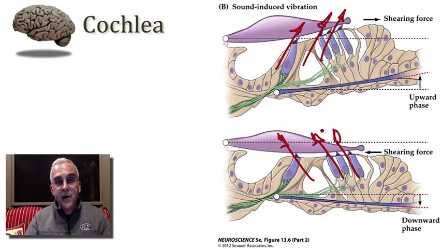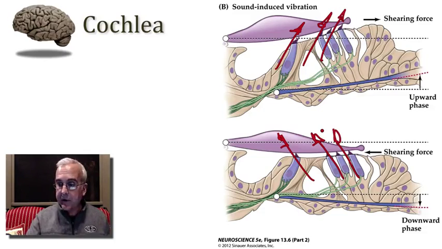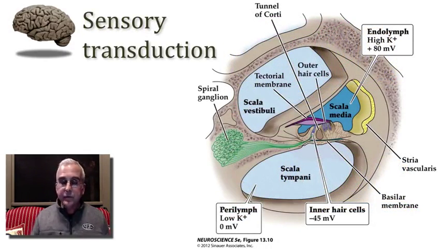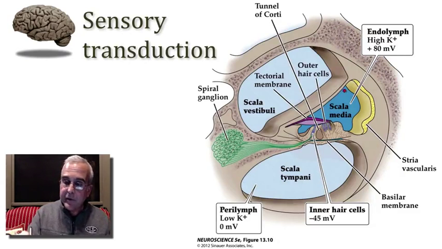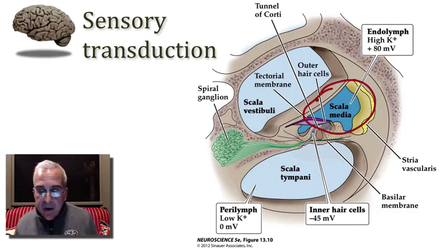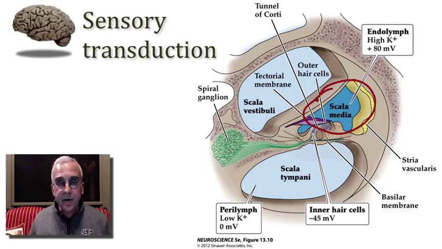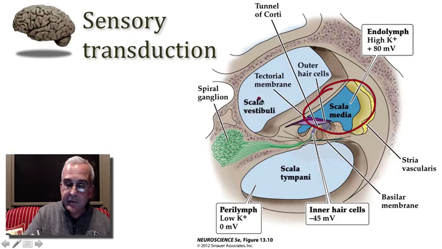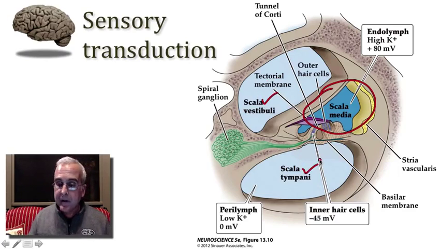So let's now talk about how sensory transduction actually works at the tips of these hair cells. As I mentioned earlier, there is a third channel that sits in this cochlear partition, and it is quite special. It has a different kind of media in it compared to what we find in our scala vestibuli and our scala tympani.